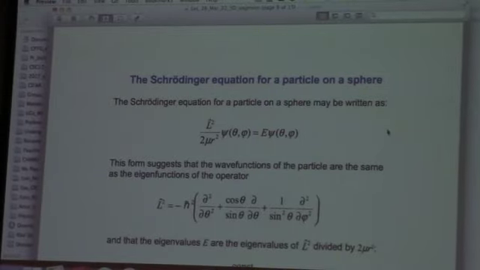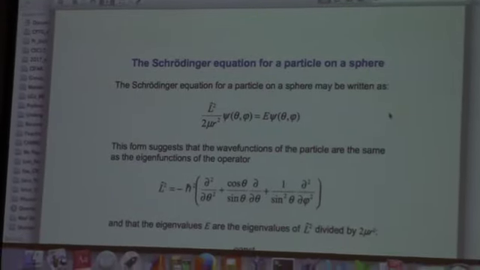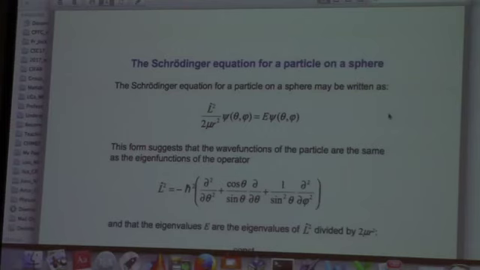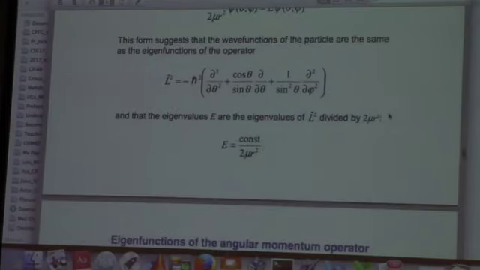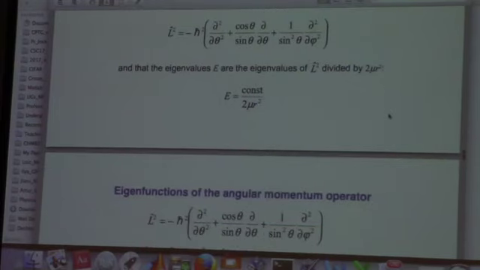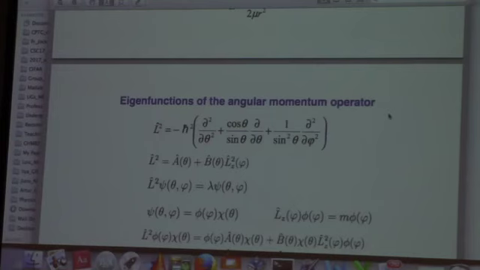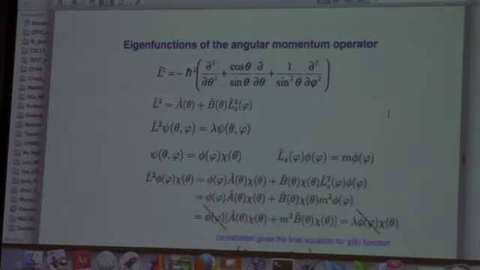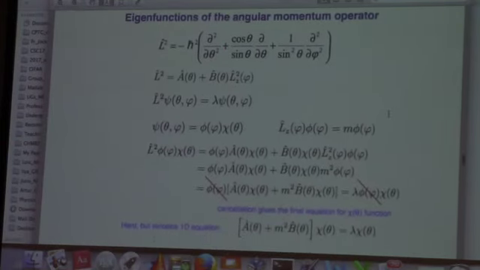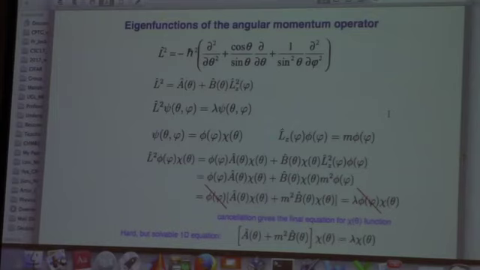So it's essentially our time-independent Schrödinger equation for a particle on a sphere, right? And now we will be looking for energy in this form, and the constant will be our eigenvalue for L squared, right? Now all we need is to find eigenvalues and eigenfunctions for the L squared operator.